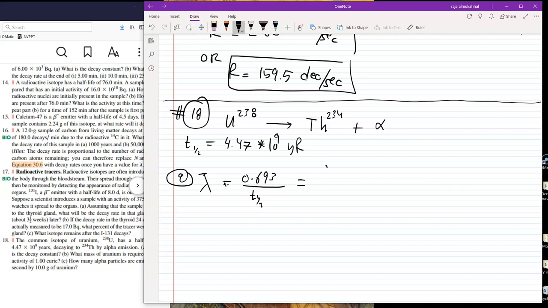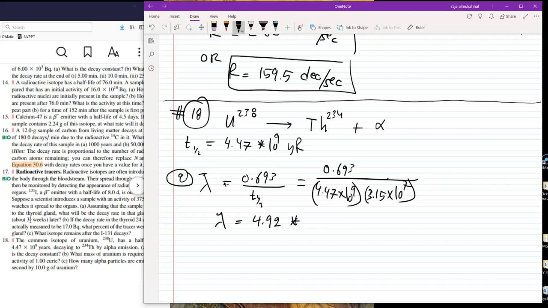So when you calculate that, 0.693 divided by 4.47 times 10 to the 9 years, converted to seconds, times 3.15 times 10 to the 7. And then when you do that, you get lambda, I'm copying from my notes, 4.92 times 10 to the minus 18 decays per second. Got it? Here it is.